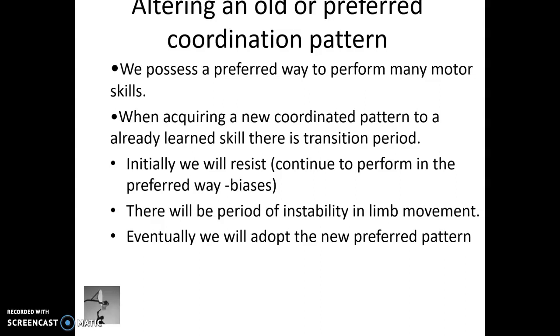And again, I think this points out the importance of teaching youngsters, and as we work with young people when they're first learning a skill, to do it correct the first time so we don't have to unteach a bad pattern of movement before they can improve their technique or their ability.